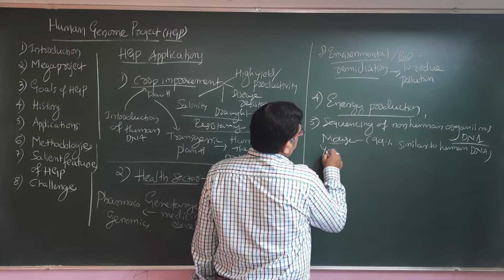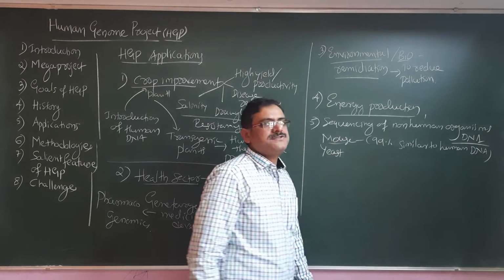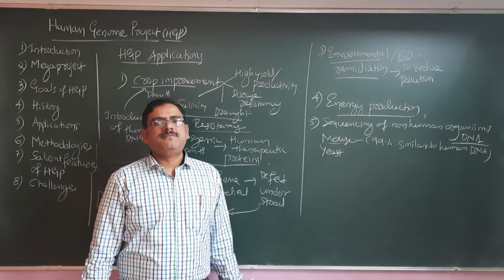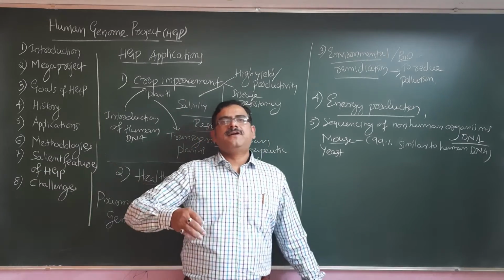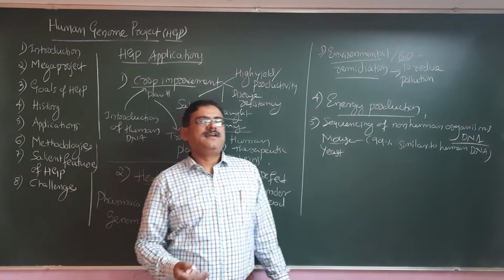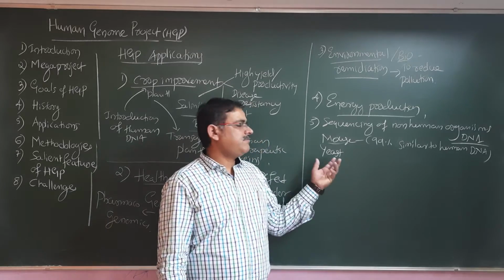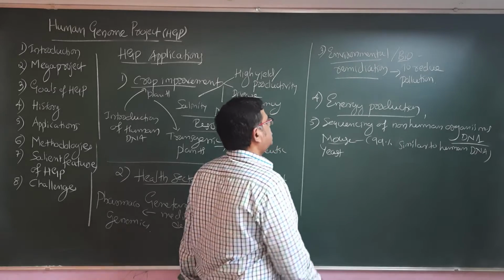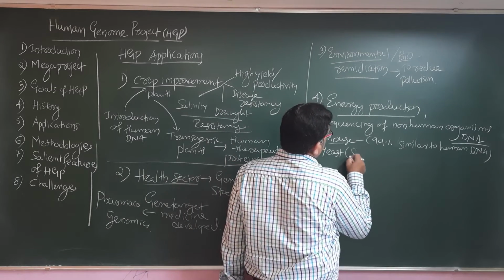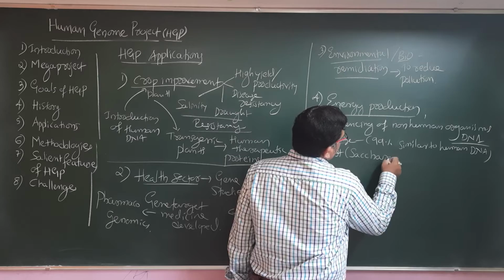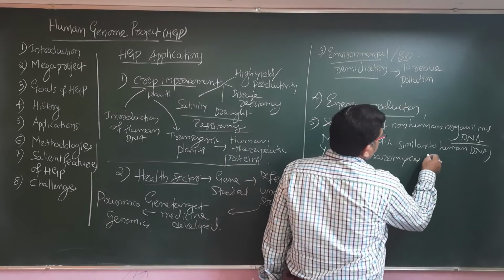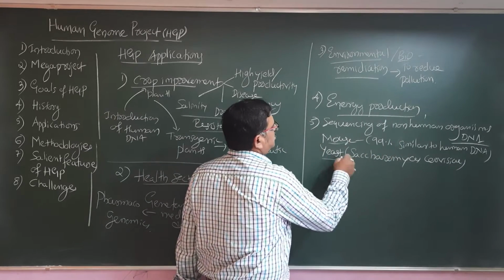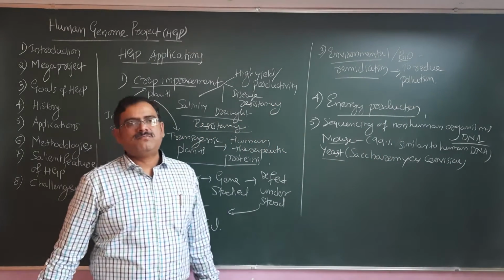Then yeast, the unicellular fungus yeast, is utilized very well in a number of microbiological processes. It may be the production of beer, it may be the formation of bread, cake, many more. Yeast is very much utilized in the brewery industry also. Scientifically it's called Saccharomyces cerevisiae. Its sequence was also studied at the time of the Human Genome Project.